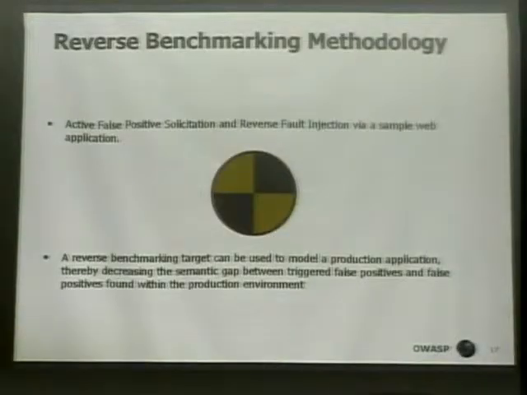This is the overall methodology: we're trying to solicit false positives from the scanners with a sample web app that has specific pages and functionality designed to cause those false positives.